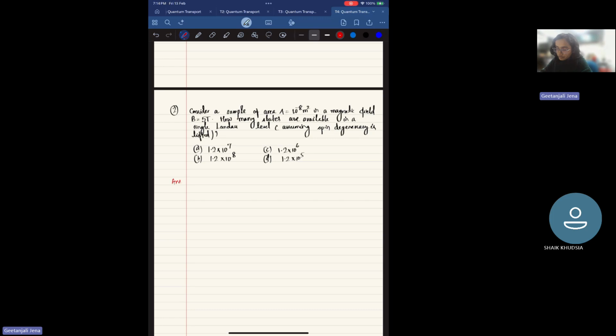Question number 2. Consider a sample of area 10 to the minus 8 meters square in a magnetic field B of 5 Tesla. How many states are available in a single Landau level, assuming spin degeneracy is lifted?